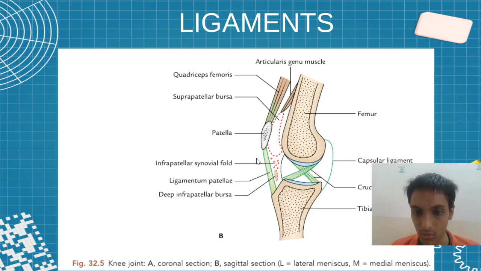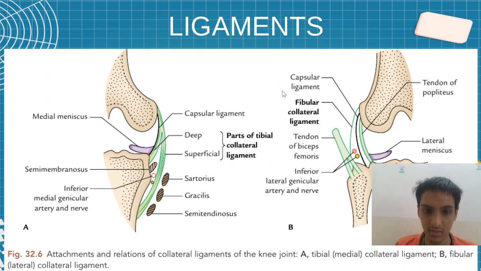Supra means above, so just above the patella we are finding the bursa, and infra, below the patella, the infrapatellar bursa. In short, between the patella and the femur and tibia, we are finding the bursa. This is the capsular ligament, this is articularis genu, and this is the quadriceps. So this is regarding the ligaments.